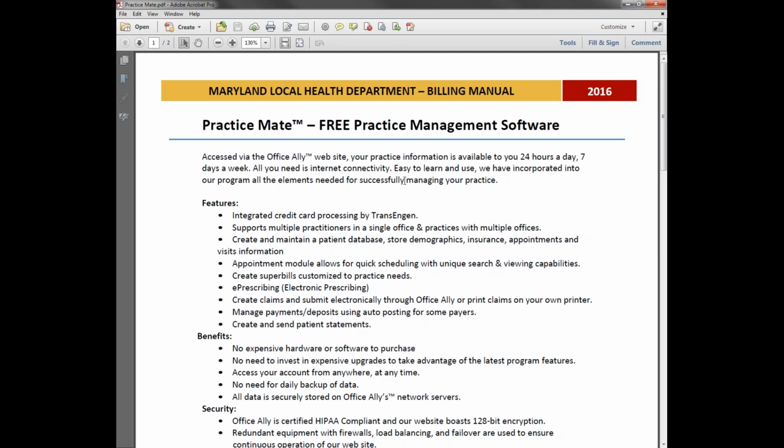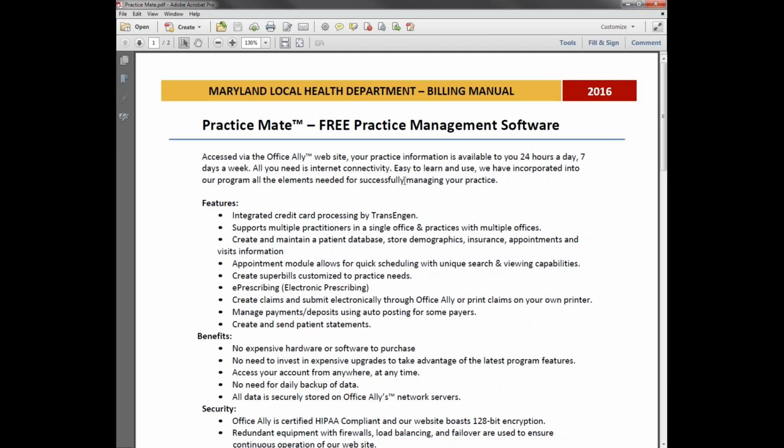The benefits, of course, of free practice management software is there's no expensive hardware or software to purchase. There's no need to invest in expensive upgrades to take advantage of the latest program features. And all of the data is securely stored on Office Ally's network servers, so there is no need for daily backup of data.